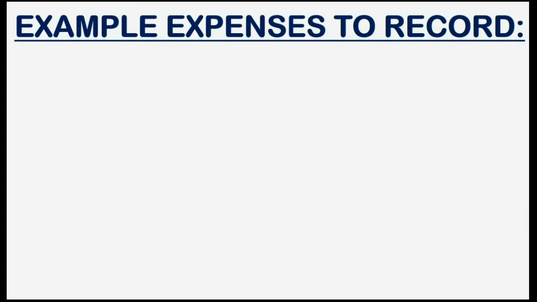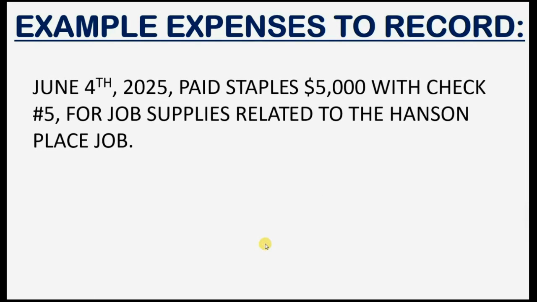And now let's record 2 example expenses that we will bill to the Hanson Place job later after recording them. And we'll check the profit and loss by job after each one. So we will first record June 4th, paid Staples $5,000 with check number 5 for job supplies related to the Hanson Place job.